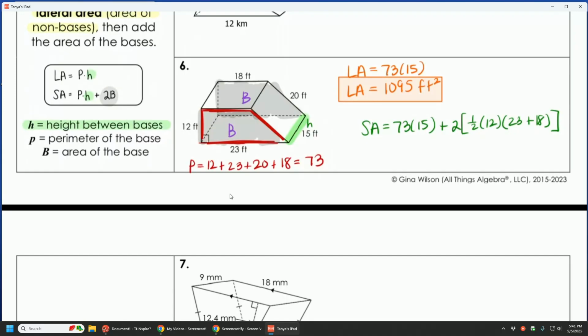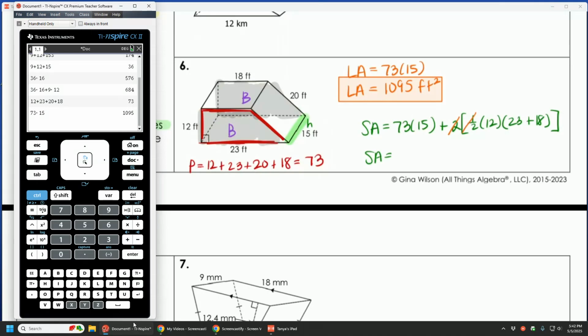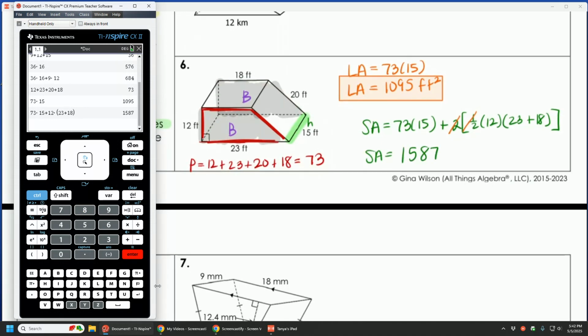Like the one before, this is kind of a coincidence, but the 2 and the 1/2 cancel, so I'm actually not going to bother typing that part into my calculator. I'm just going to type in all of the rest. Okay, so 73 times 15 plus 12 times, parentheses are important here, 23 plus 18. And that gets me 1,587, so 1,587 square feet for the total surface area.